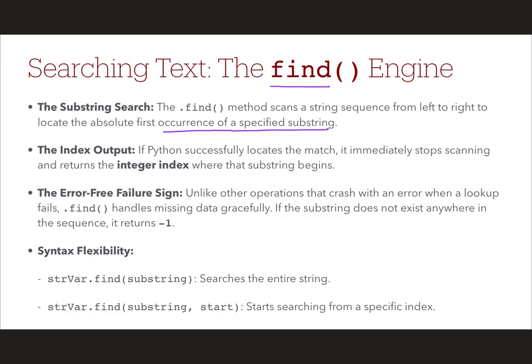If the find function finds that given substring, then it will return the index value of that character string. If the character string consists of multiple letters, then the index value of the first letter will be returned. Okay?